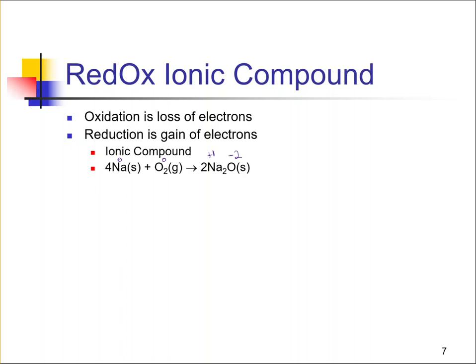Now let's see what changes I observe here. Sodium from 0 is going to +1, so it is changing oxidation number. Oxygen also from 0 is going to -2, so it is also changing oxidation number. This tells me that this reaction is a redox reaction.